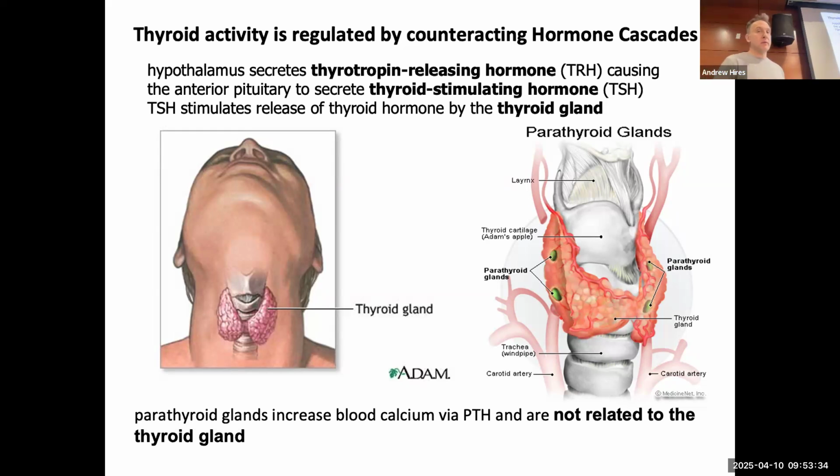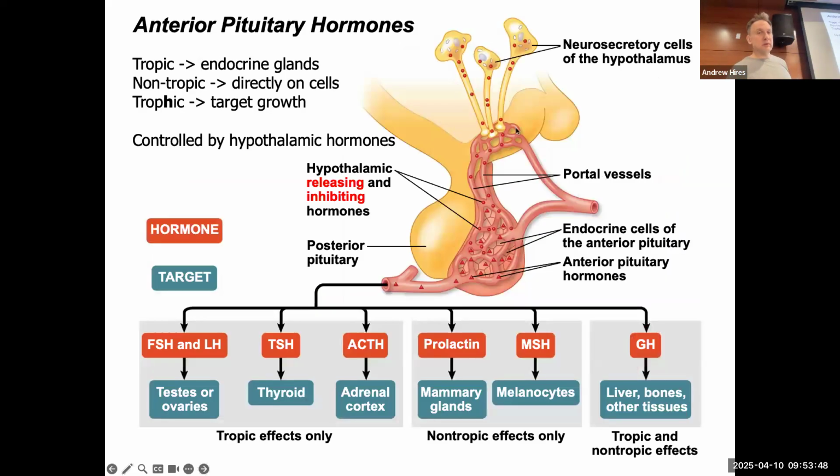Okay, and how does it get activated? Well, it's actually through a cascade of effects. The hypothalamus has something called thyrotropin releasing hormone, right? It's going to release this into this portal vessel here, which is a little capillary network called a neural hypophysis.